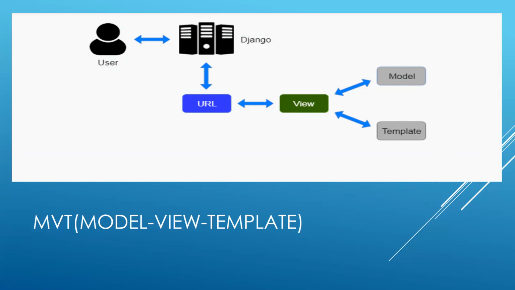So all in all, Django returns the result generated by the template to the user through the web browser. And that's how MVT works. And Django is applying this pattern: model, view, and template.